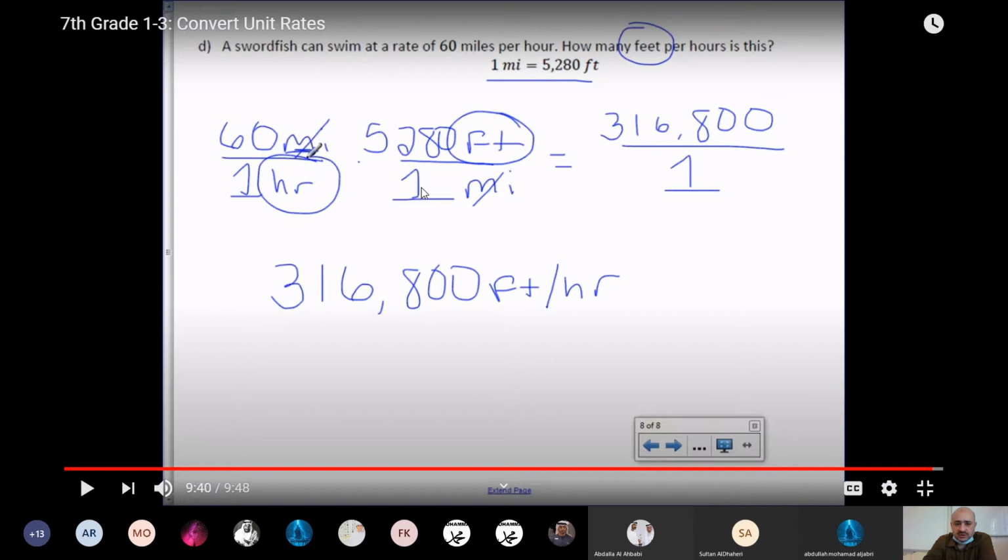Now, down we have mile and up we have mile. Cancel mile with mile. Now multiply 60 times 5,280, which will be 316,800. And down here we have 1.